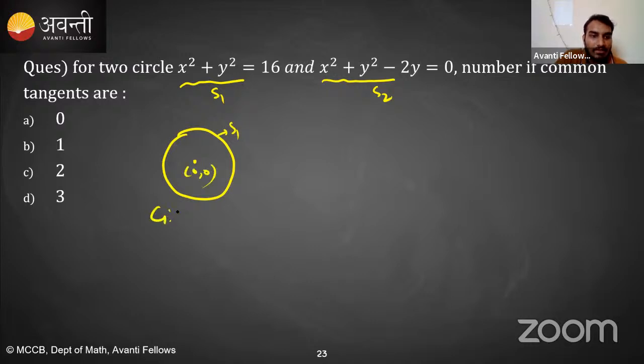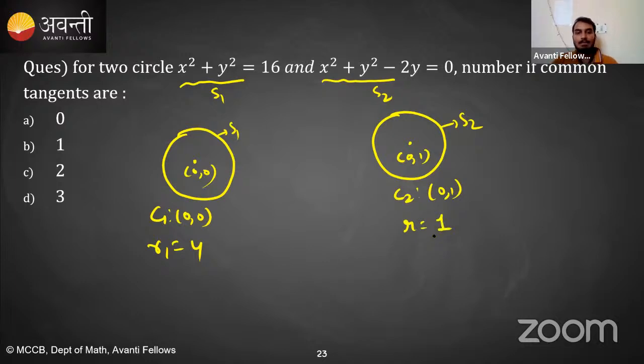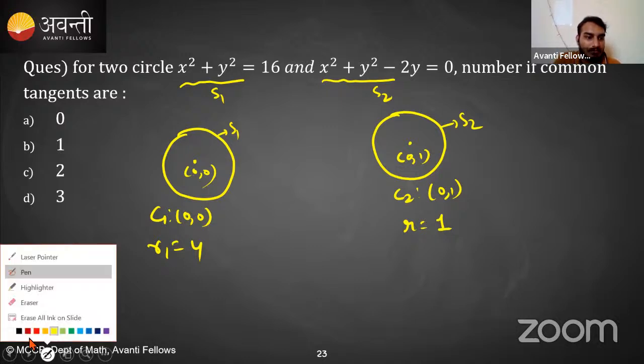So C1 is 0, 0 and R1 is the radius of the circle, which is under root of 16, which is 4. Similarly, S2 is a circle. Center of S2 is 0, 1. So let's call the center C2 is 0, 1. And what is the radius? Radius is 1 only. Yes or no? Radius is 1 only. Clear?